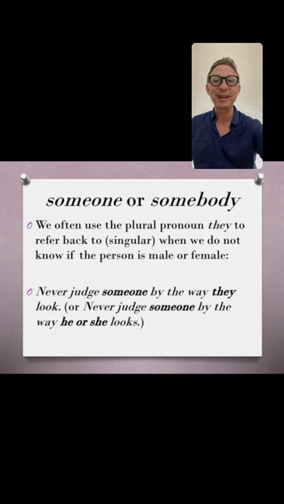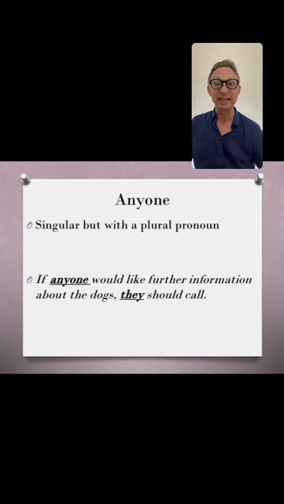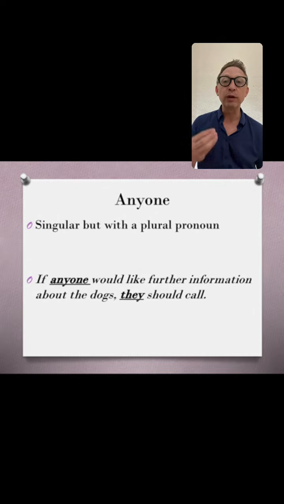And we're going to get to anyone right now, and it's the same thing. When you have anyone, the substitute or the pronoun for anyone is they. If anyone wants, singular verb, if anyone would like further information about the dogs, they should call. Now that's confusing, but you have to remember it.